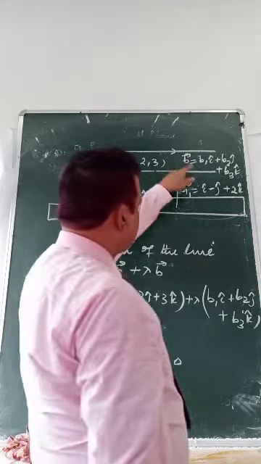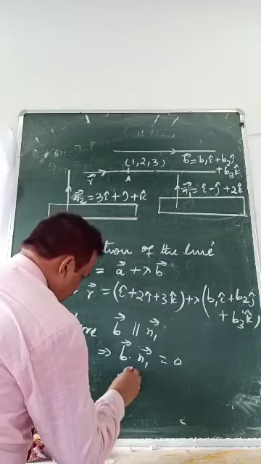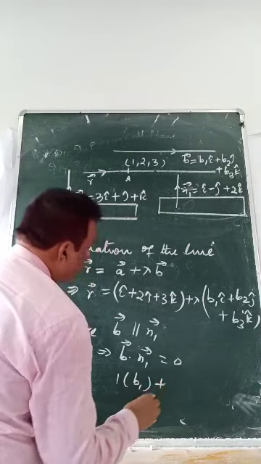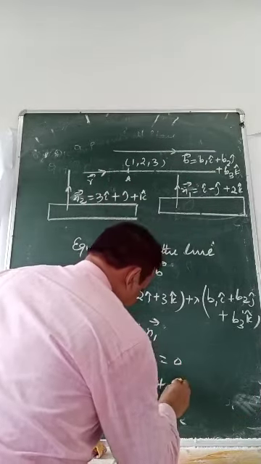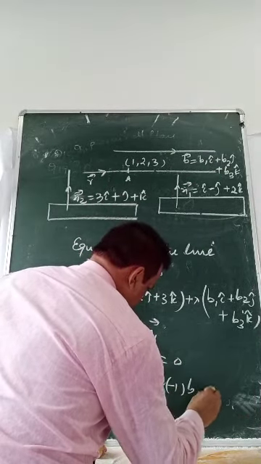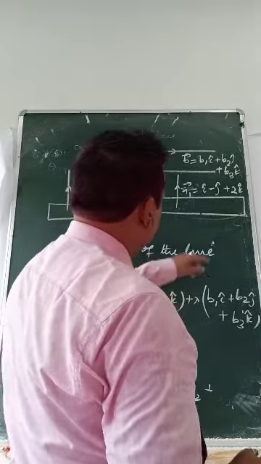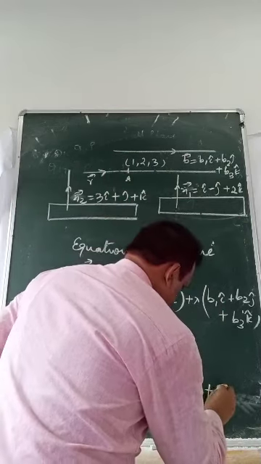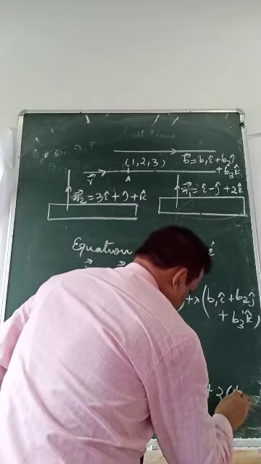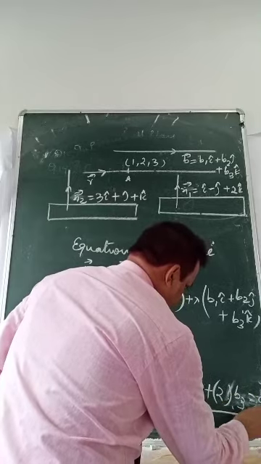Directly you can write from here: 1 into b1, minus 1 into b2, then 2 into b3, equals 0. So this is equation number 1.